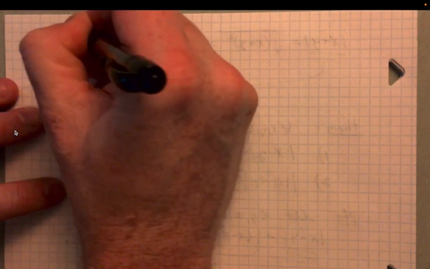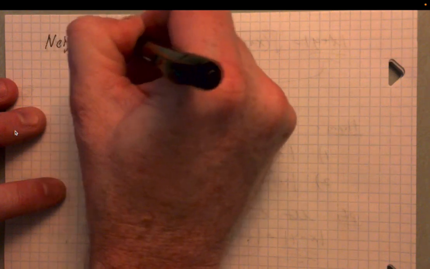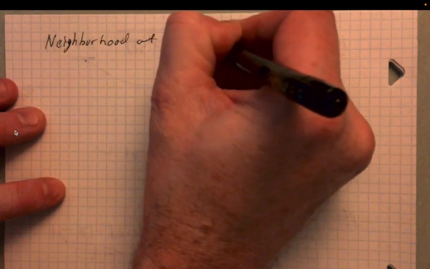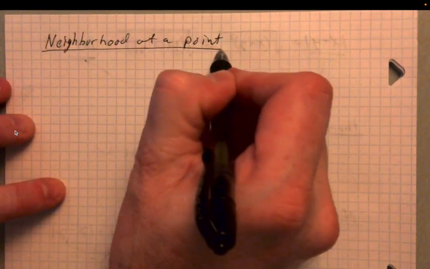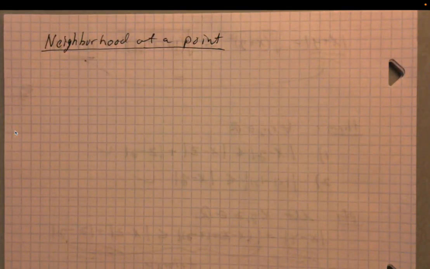This is not as convoluted an idea as it maybe sounds on the surface. A lot of what we'll be talking about in analysis is going to require us to think about the idea of being, quote unquote, close to a point.